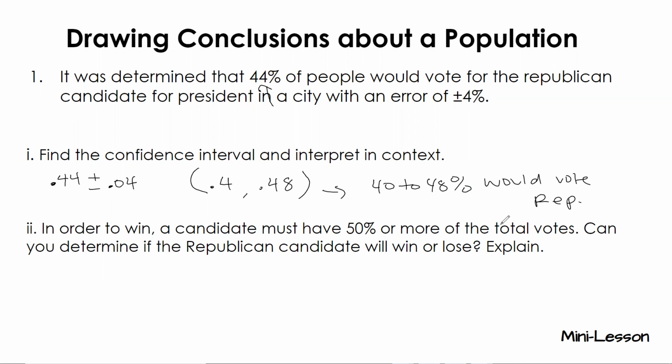Now, this is really important because when you actually watch voting happen, you can't just win by 50%. You have to be over 50%. So you have to pay attention to that confidence interval. In order to win, a candidate must have 50% or more of the total votes. Can you determine if the Republican candidate will win or lose?